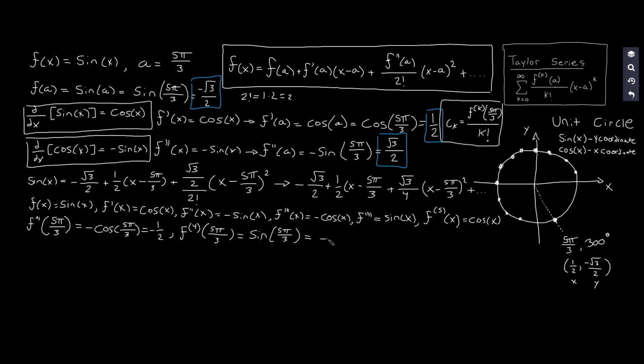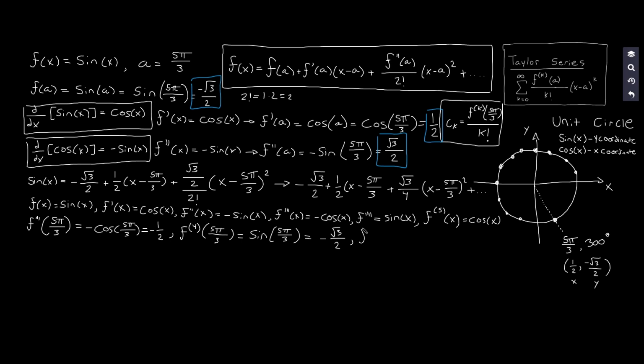So this is going to be negative root 3 over 2. I know this because sine is the y coordinate. Excuse me, negative root 3 over 2. My apologies, guys.